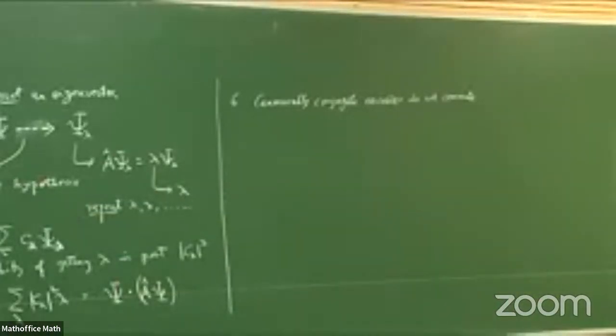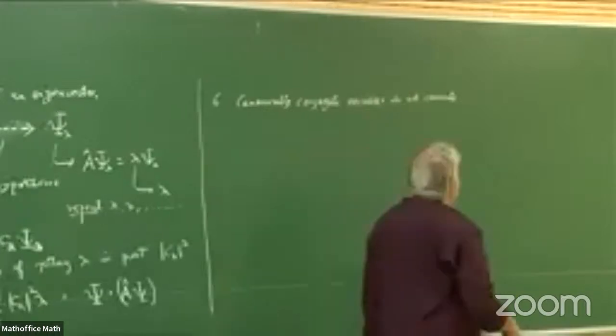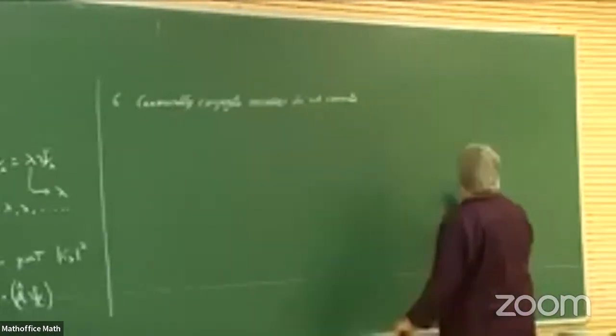Let me get another chalk. So first of all, let me quickly define canonically conjugate variables.